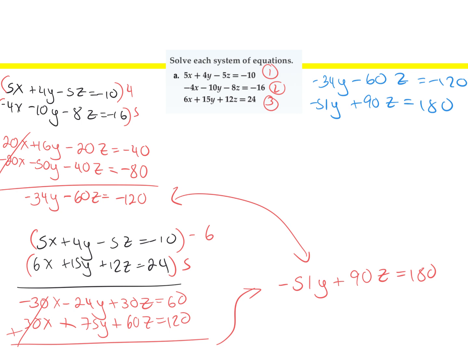Now there's nothing I can multiply right off the bat to be able to cancel each other out. So what I'm going to do is I'm going to multiply this one by 90 and then this one by 60. So 34 times 90 is negative 3060y minus 60 times 90 is 5400z equals 90 times 120 is negative 10,800.